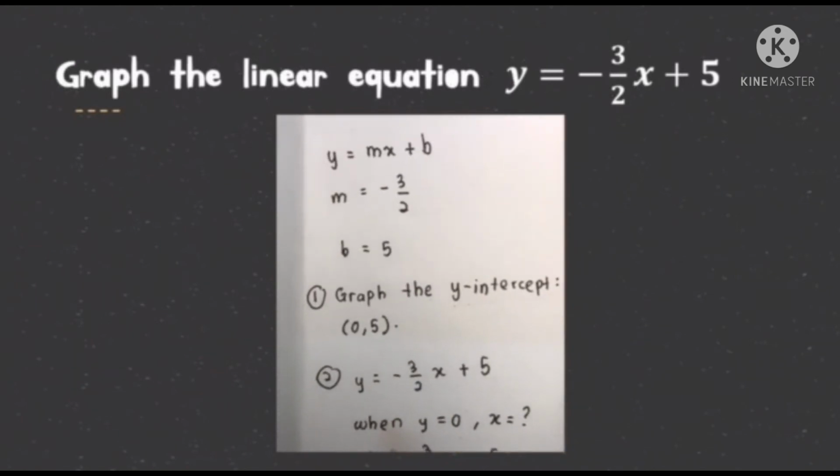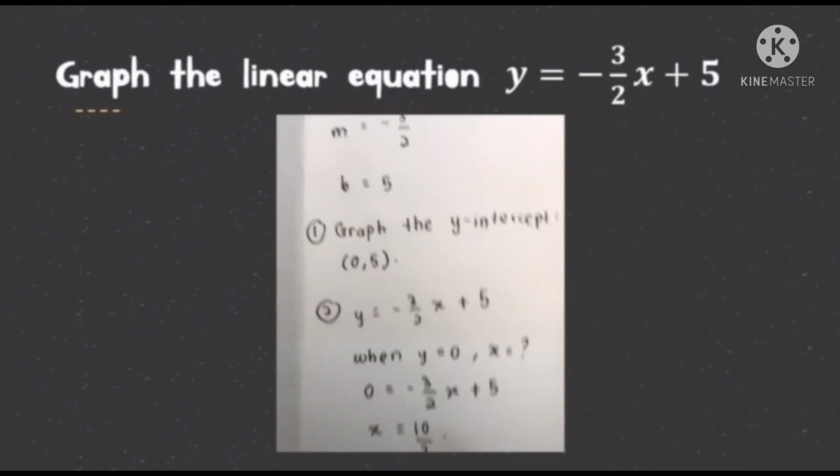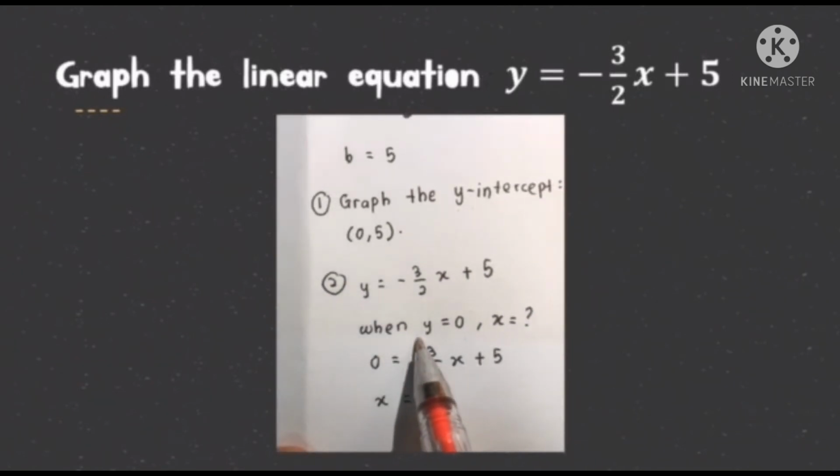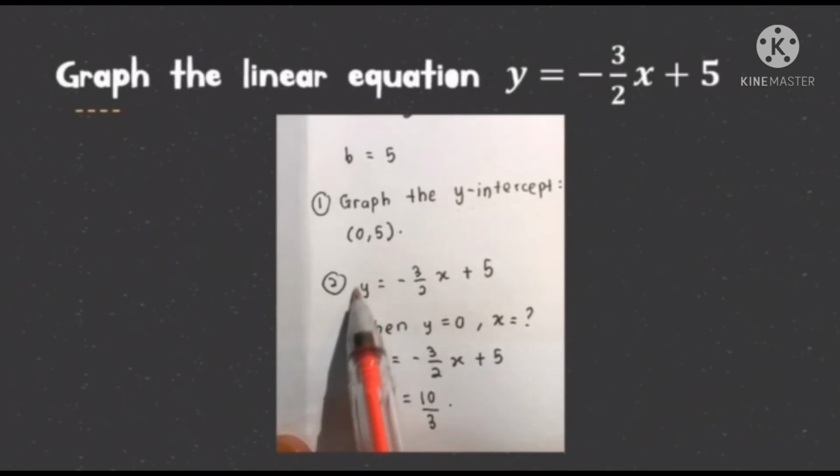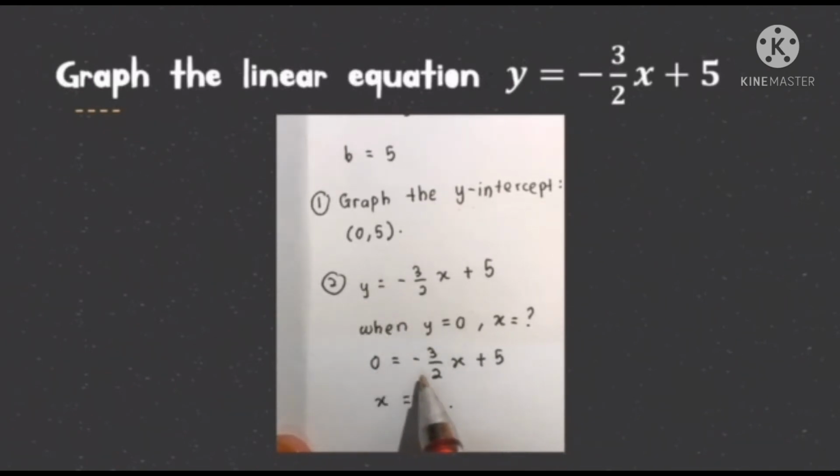When y equals 0, we will get the value of x, so we need to substitute y equals 0 in the equation. So 0 equals negative 3 over 2x plus 5, and then we get the value of x as 10 over 3.